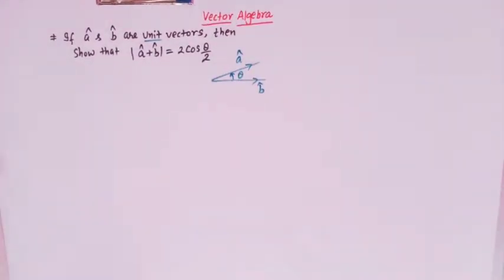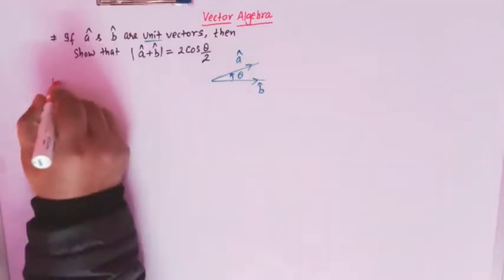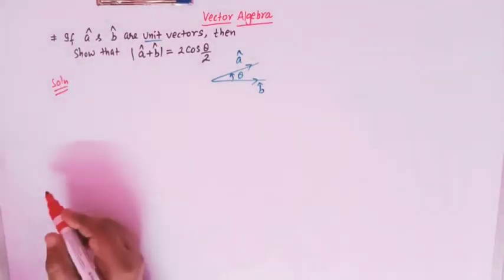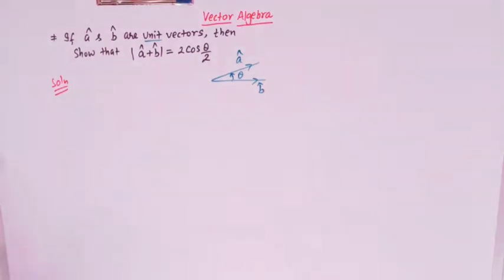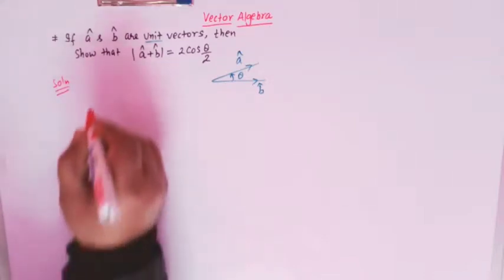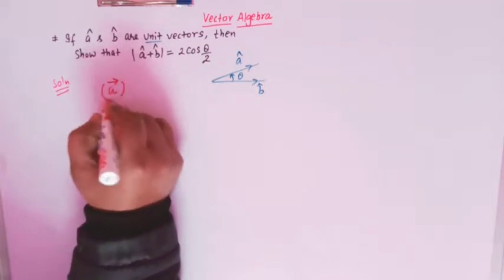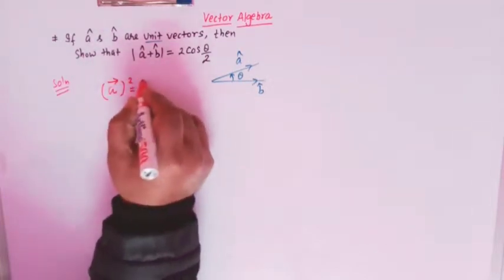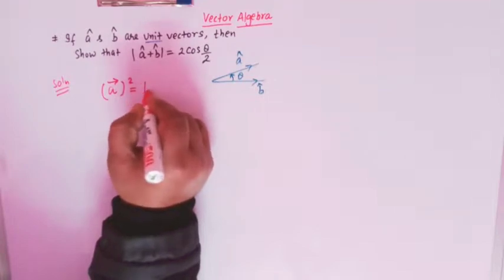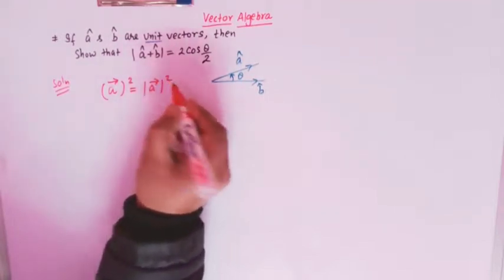So let us start. To solve this problem we have to use some important results from vector algebra. The first result, which is a very important result in vector algebra, says that the square of a vector is equal to the square of its magnitude.